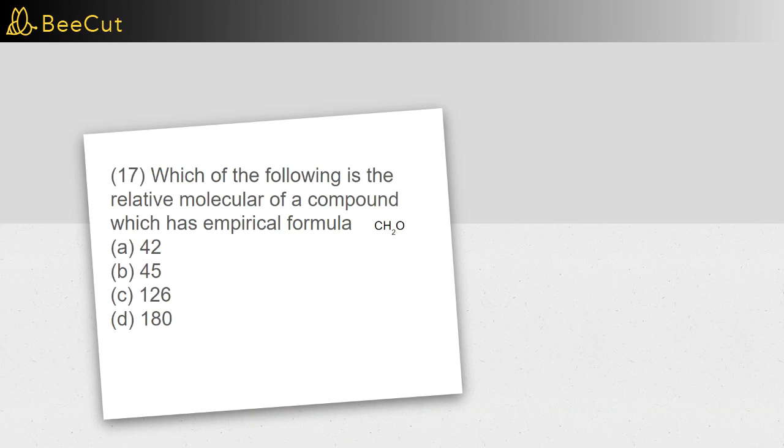When you add everything together, it gives you 30. Out of the figures from the options, which figure can 30 go into? A, 42, B, 45, C, 126, D, 180. The correct answer is D, which is 180. And when we talk about empirical formula, it is the smallest ratio of the atoms in a compound.